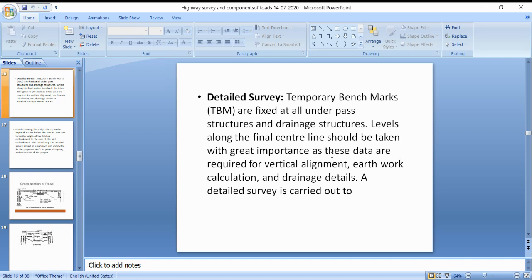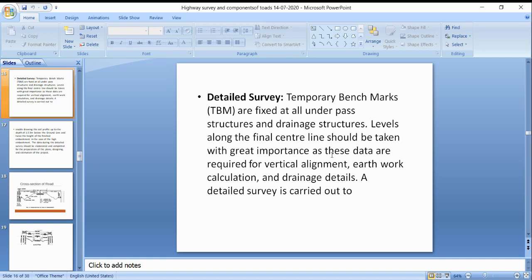In the final location, we are finalizing whatever data is there in the preliminary survey, and we finalize that route as the final and first located route.